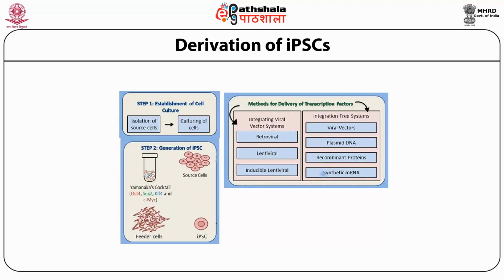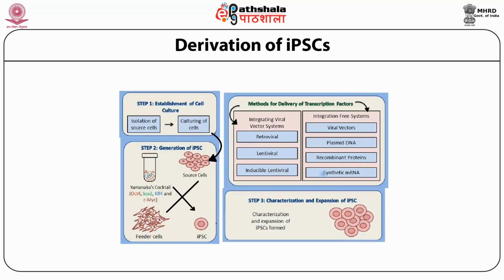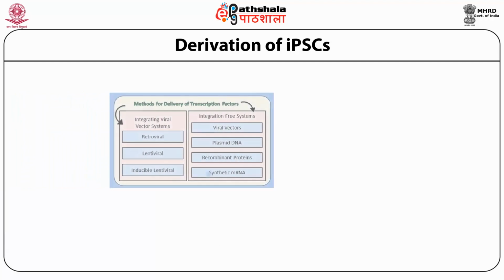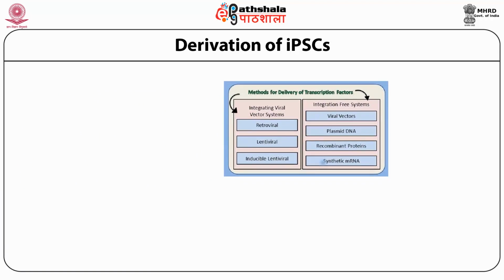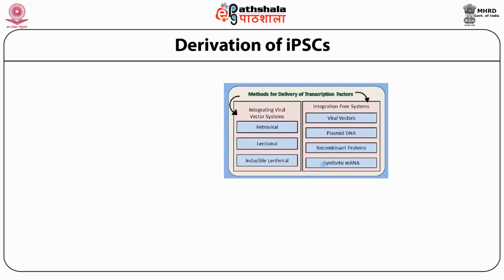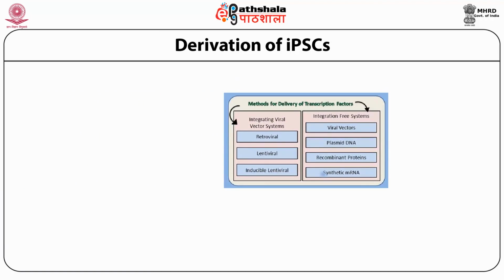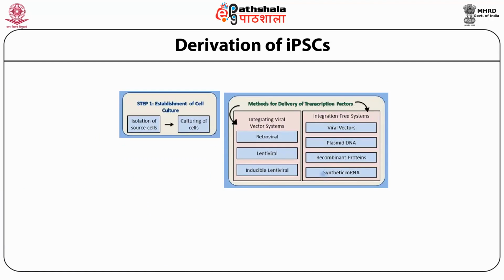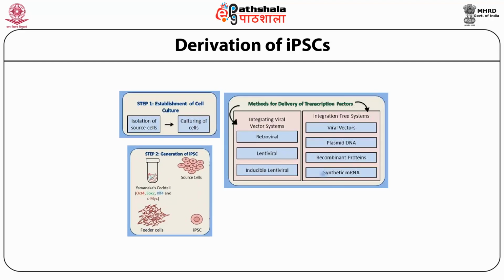And finally, there are also many advancements in the methods of delivery of these transcription factors. We can use both integrating viral systems as well as integration-free systems. Integrating viral systems include the retroviral system and the lentiviral system, whereas among the integration-free systems, there are certain viruses like DNA viruses, for example adenoviruses, which do not integrate into the host genome but can lead to the expression of the transfected gene.